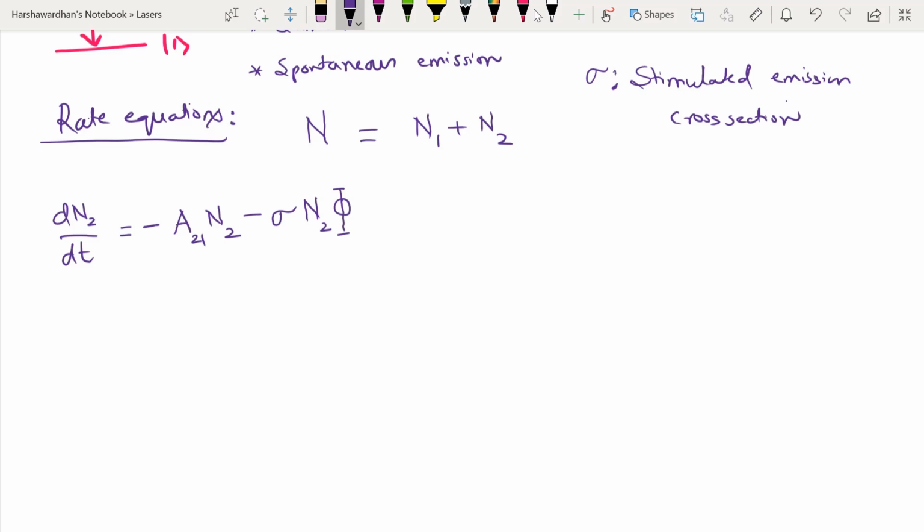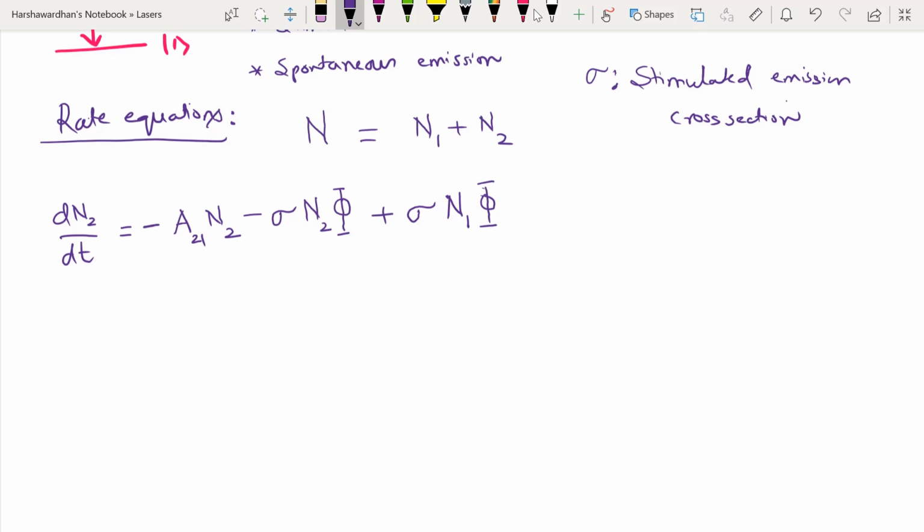The other phenomenon that leads to a change in the number of atoms in the excited state is absorption. Absorption of course depends on again the same cross section, for absorption, times the number of atoms now in the ground state times the photon flux.